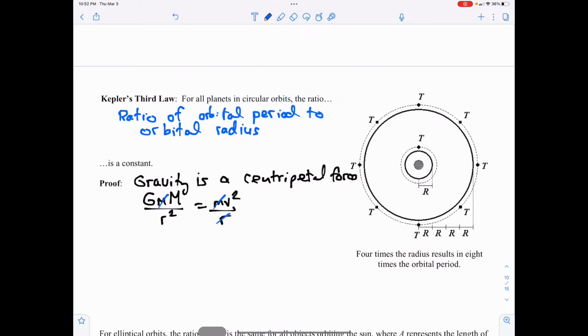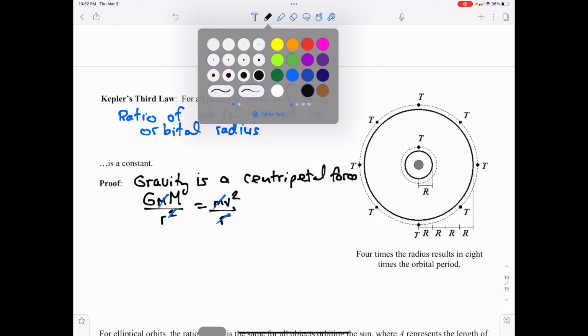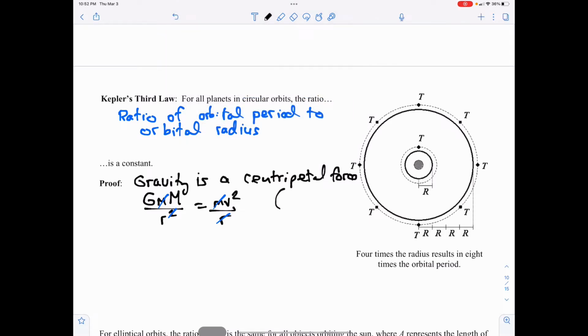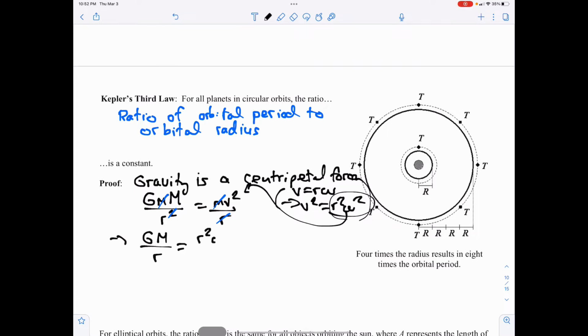One of these factors cancels. And recall that v is equal to r omega. Therefore, v squared is going to be r squared omega squared, and we're going to substitute that right there. So now we've got big G, big M over r equals r squared omega squared. Okay. Now, how's that useful?